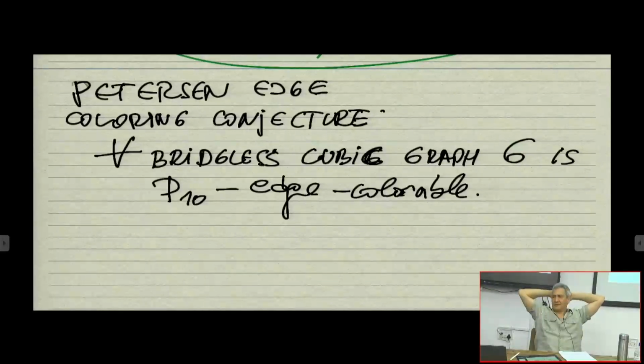Okay? Every cubic bridgeless graph is Petersen edge colorable.